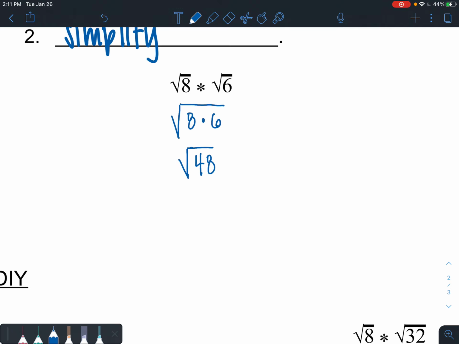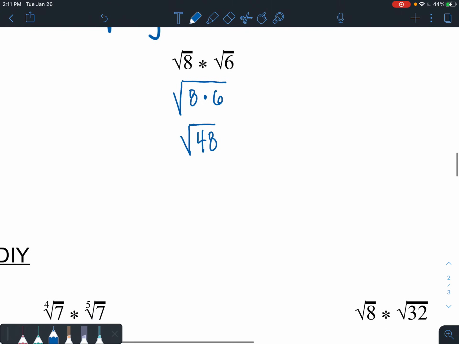Then I ask, what perfect square divides 48? 16 actually is a perfect square that divides 48, times 3.